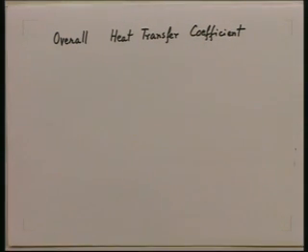The overall heat transfer coefficient is defined for a situation in which we have more than one thermal resistance, okay, for some composite situation. We say the overall heat transfer coefficient for a composite situation may consist of two thermal resistances, it may consist of 3 or like we did just now 5 thermal resistances.